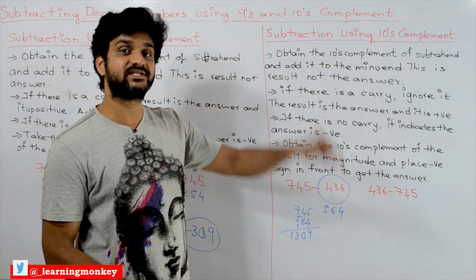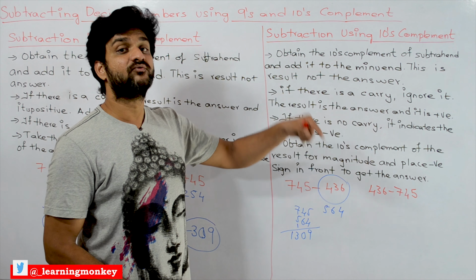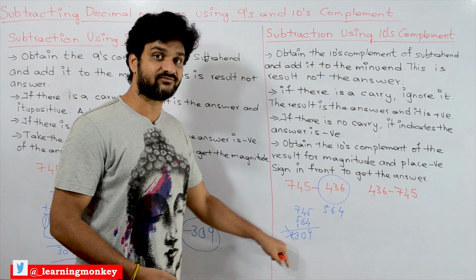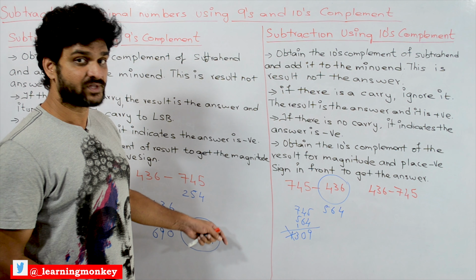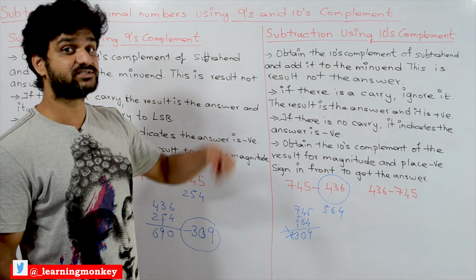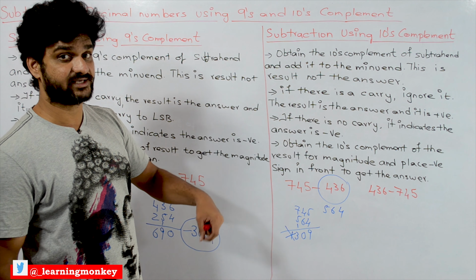But in the case of 10's complement, we are just ignoring the carry, and this is going to be the final answer, and the answer is going to be positive. So the final answer is the result itself if there is a carry. If there is no carry, then what is the case? The final answer here is 309.